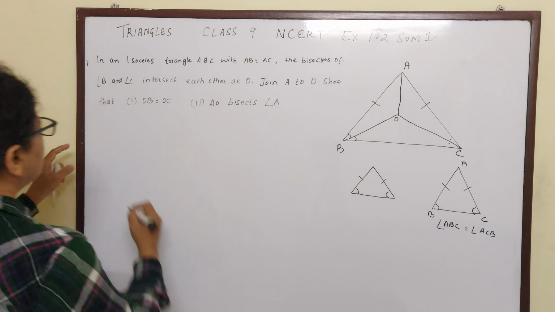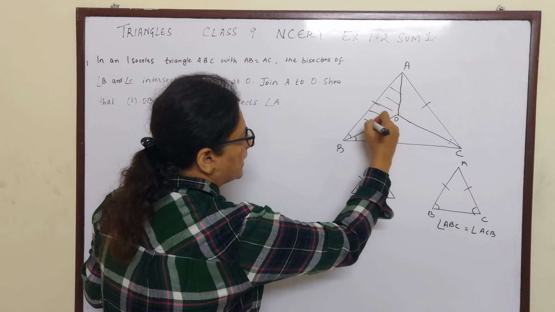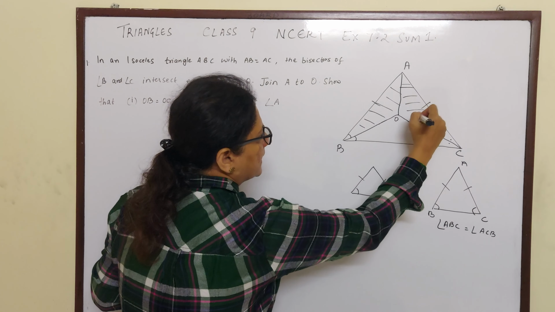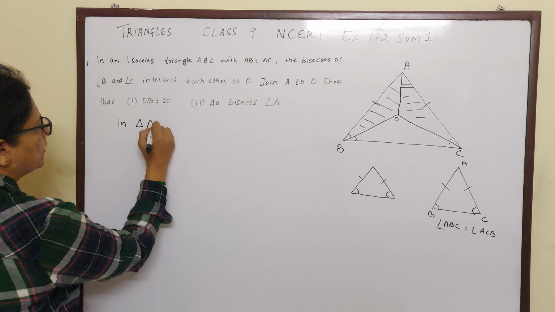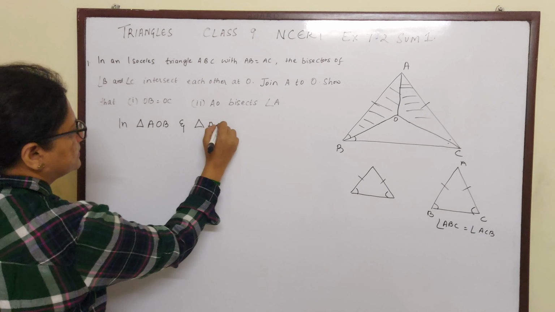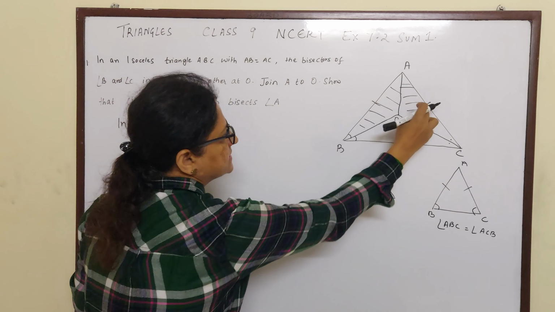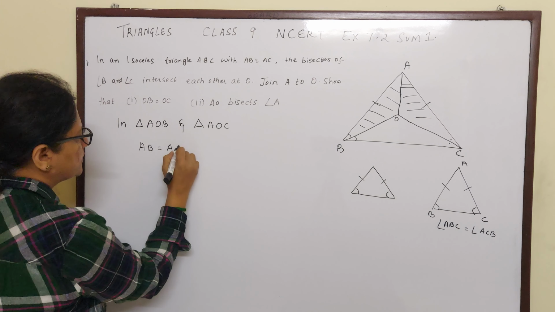So our first step is, let us take triangle AOB and triangle AOC. Two triangles we are going to take. So in triangle AOB and triangle AOC, what do we have to find out? AB is equal to AC, it is given. We need 3 points. AB is equal to AC.